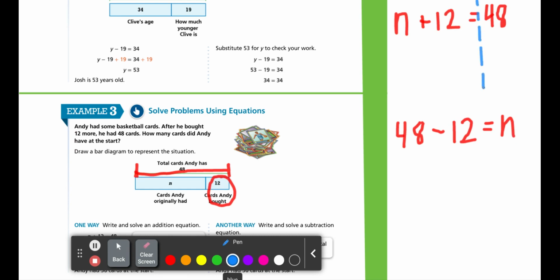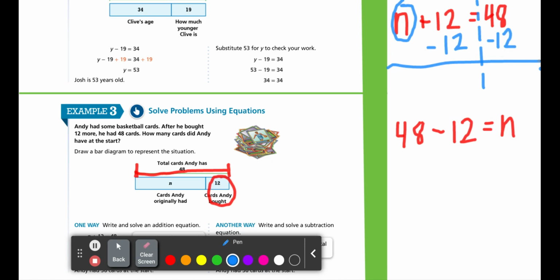I draw a dotted line where I see my equal sign. I circle my variable. That way I get my variable alone. So I have n plus 12 on the left side of my equation. I want to get n alone. I have to get rid of that plus 12. What's the opposite of plus 12? The opposite of plus 12 will be to subtract 12. Whatever I do to one side, I have to do to the other side.